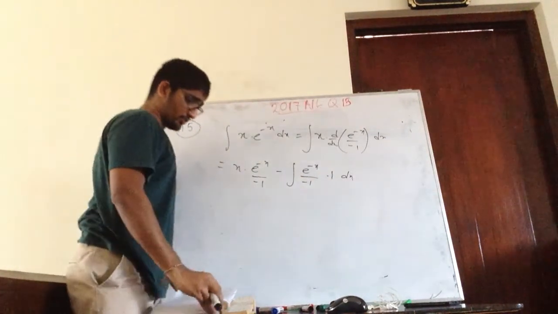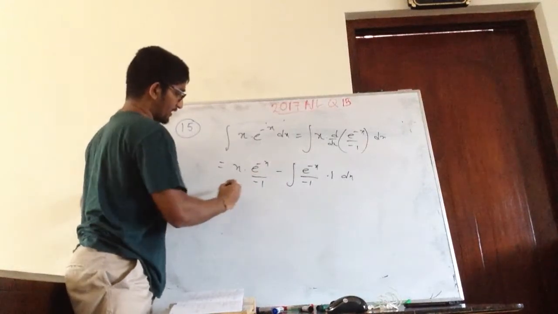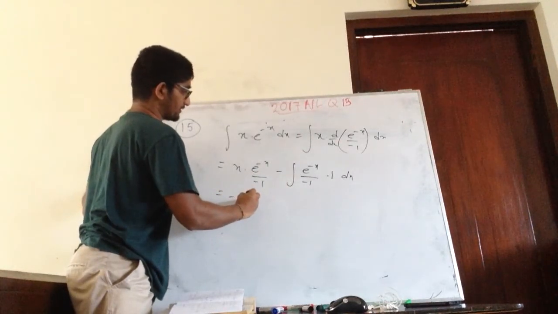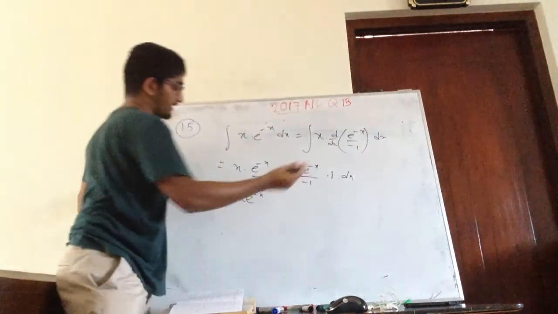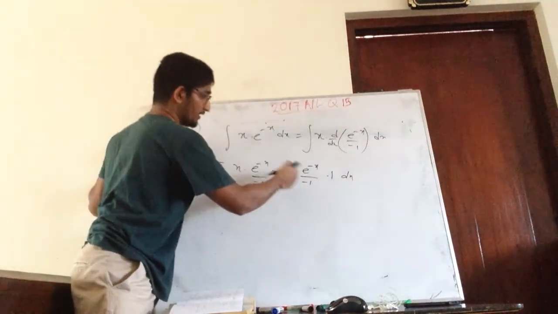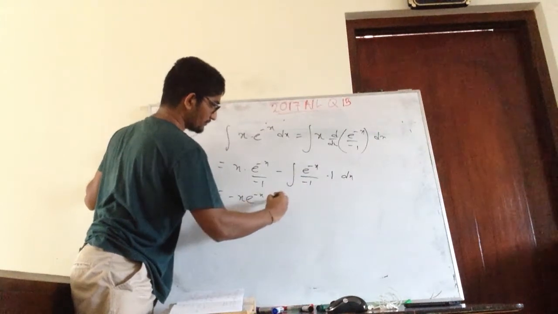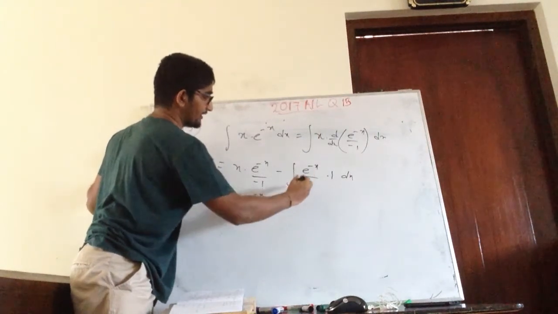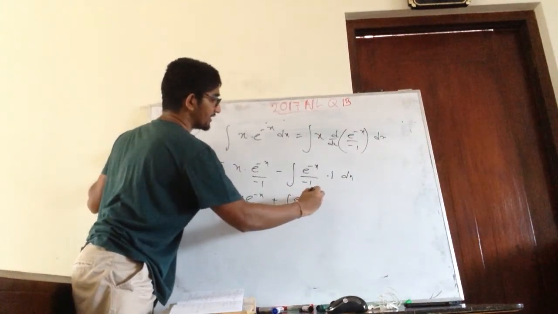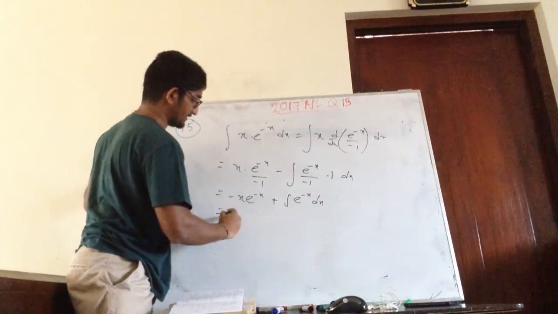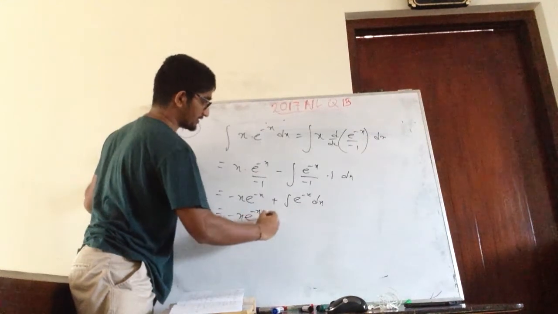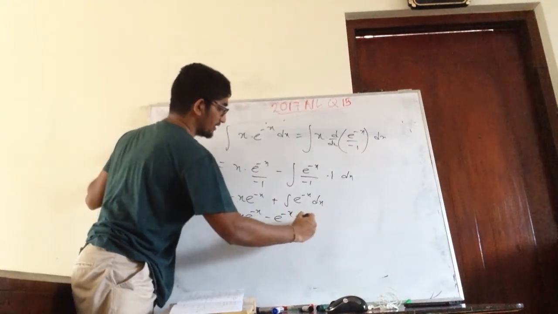So what you get here is minus x e to the minus x. Let's put the c at the end. Then you get a positive one here. Then you have to integrate this, so you will get another minus here. So e to the minus x, minus x e to the minus x, plus c.